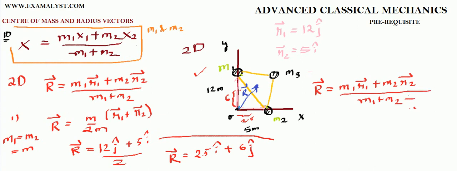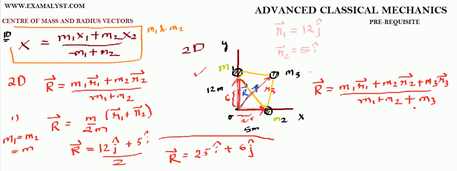The third mass is m3, so there will be an m3 r3. r3 is the radius vector from the origin to mass m3. This red line will be r3, this side is r2, and this side is r1. You know this very well. So in this way you can calculate the center of mass.